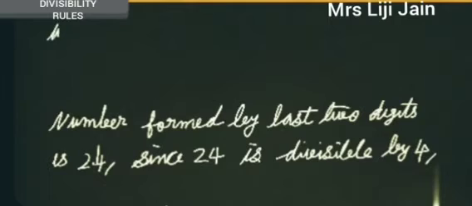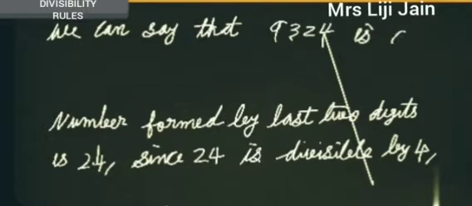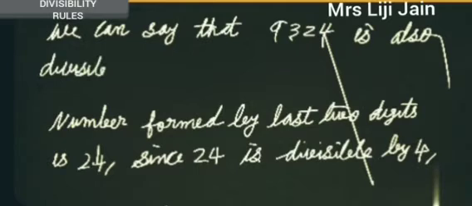We can say that 9324 is also divisible by 4. Understood? Okay.